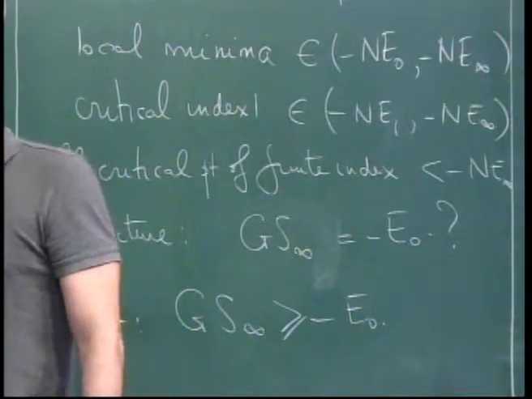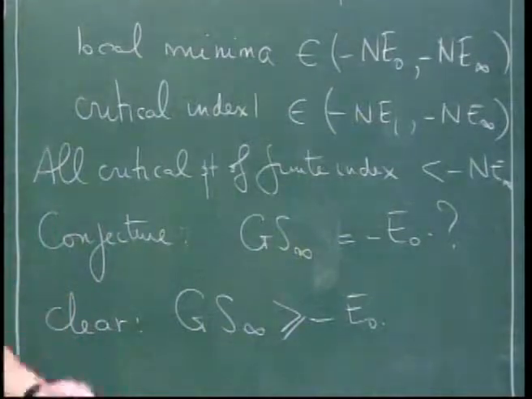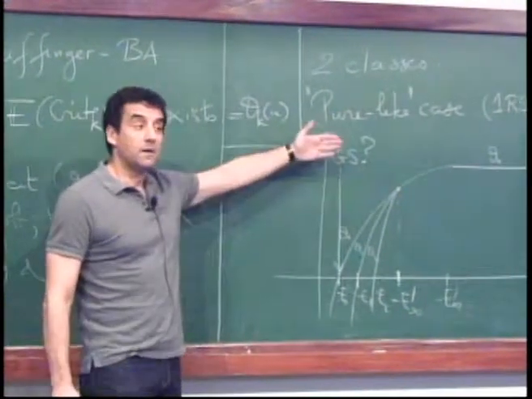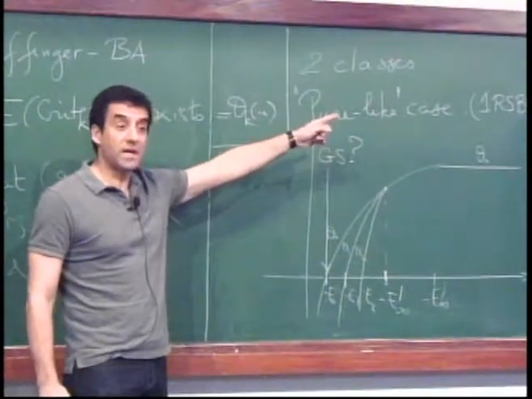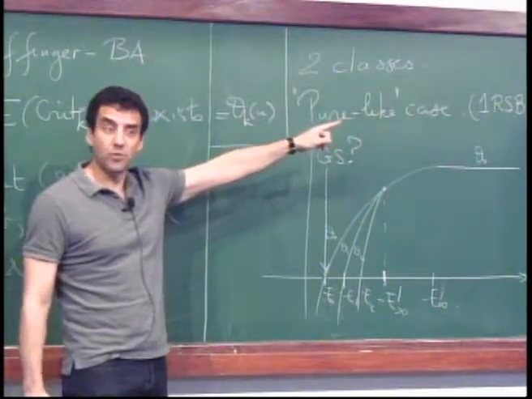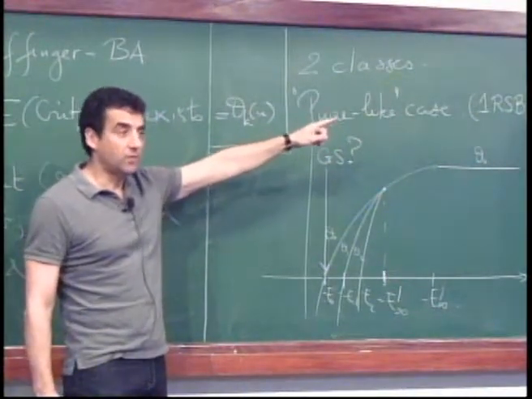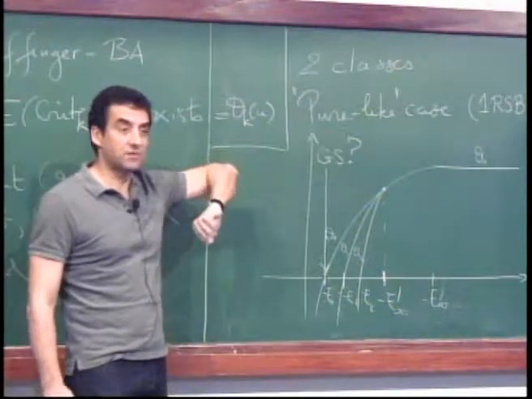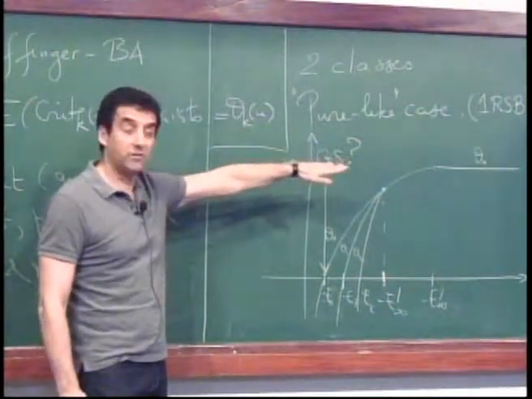But proving that it's here, you need to control the concentration, and we can't do it. Or you would need to know that in this case, you have one-step replica symmetry breaking at positive temperature, so that you could apply the Parisi formula, compute the free energy, and let the temperature go to 0. And we do not know that. Okay?